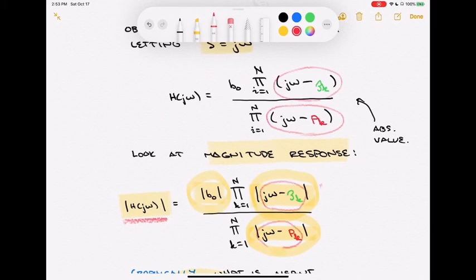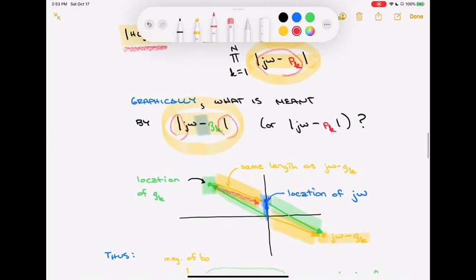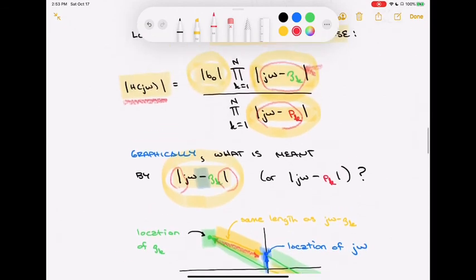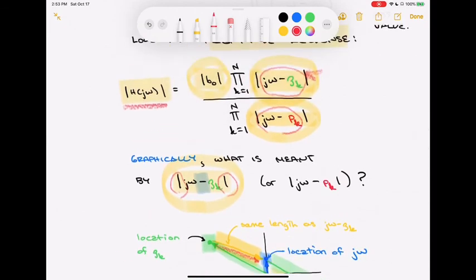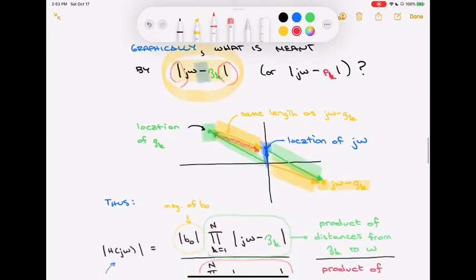But now we're just looking at the size of them, so the length of those vectors. So a magnitude response in this particular case is only going to be really interested in the distances from roots, whether they're poles or zeros, to a frequency of measurement, some particular omega. And we usually do that for a whole bunch of omega, so we can get a nice plot for our magnitude response across all frequencies of interest. You might do that for quite a few frequencies.